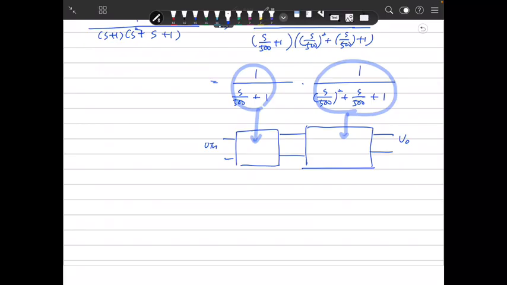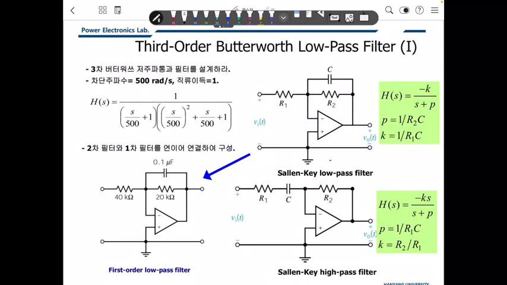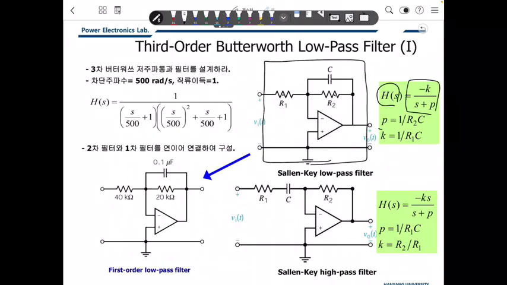The first order low pass filter case is quite simple. This is a first order low pass filter using an op amp. That is R1, R2, and C. Using a topology like this, the transfer function looks like that.